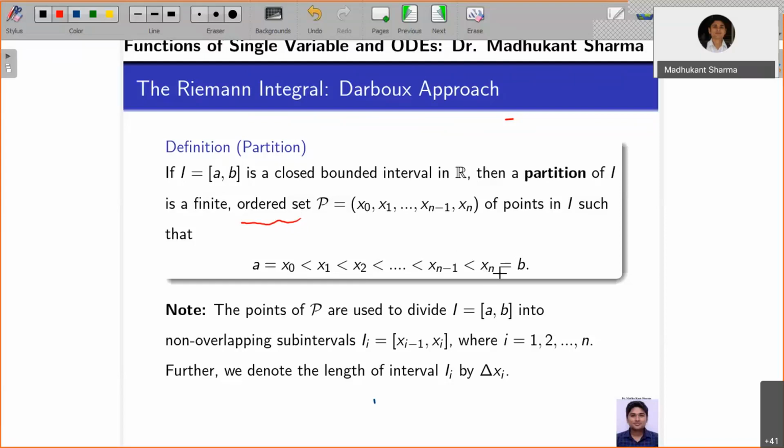If they are not in order, you cannot write xn minus 1 here and xn there. That's a very first thing. So a set P of points in I such that this happens. Okay, so points of P are used to divide I into non-overlapping subintervals Ik, and you denote by delta xk the length of the subinterval Ik.